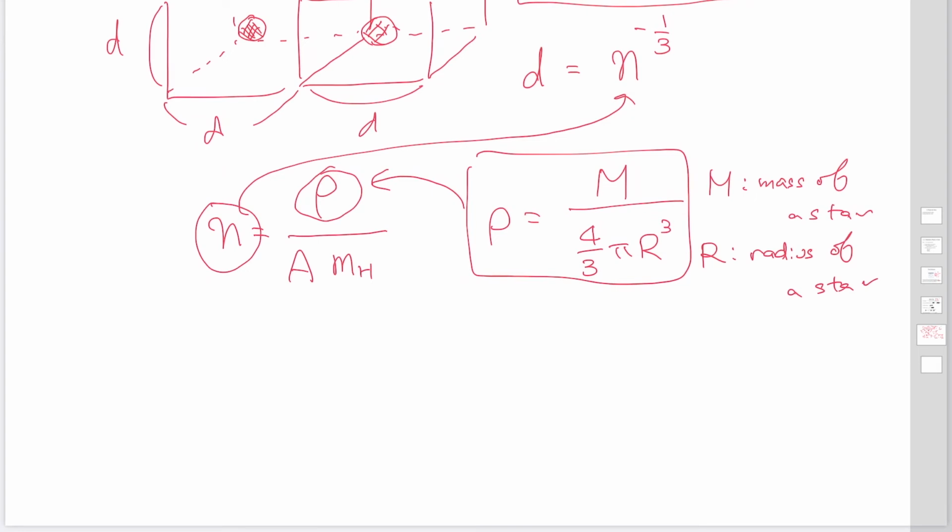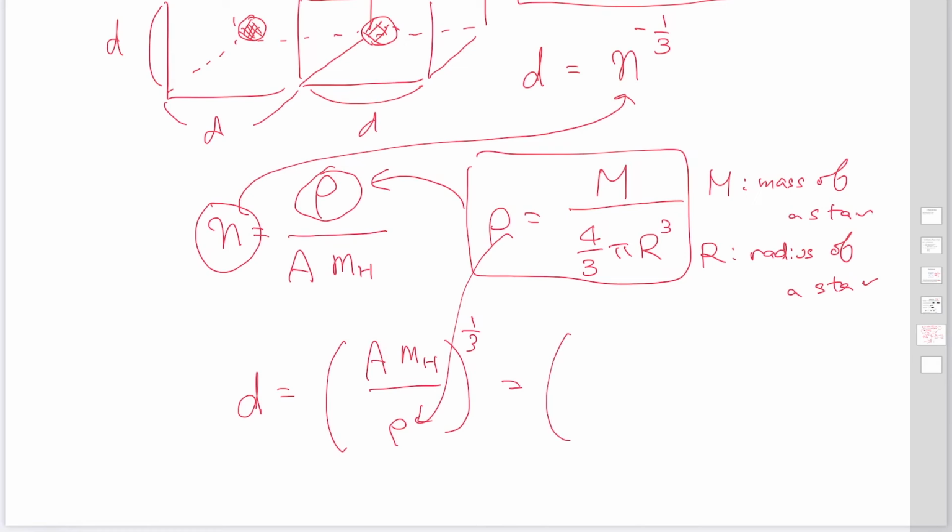So you can calculate D as A m_H over rho to the 1 over 3. And you can substitute rho here.